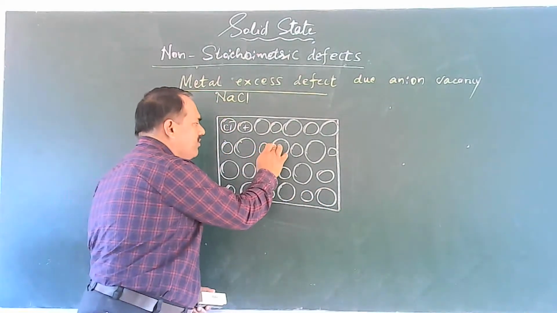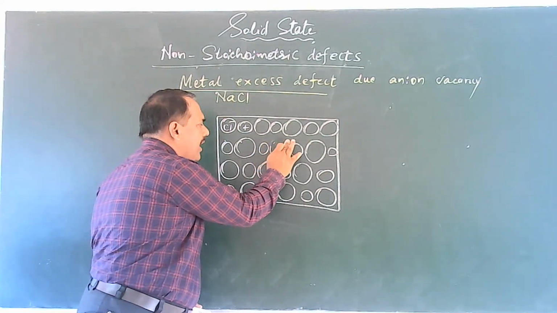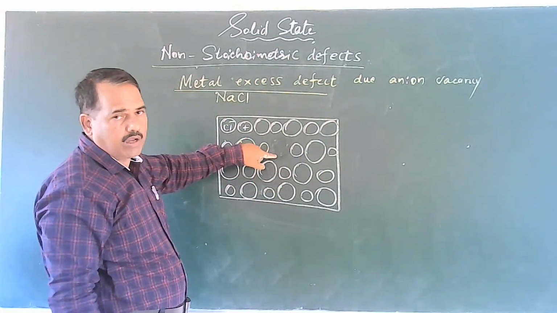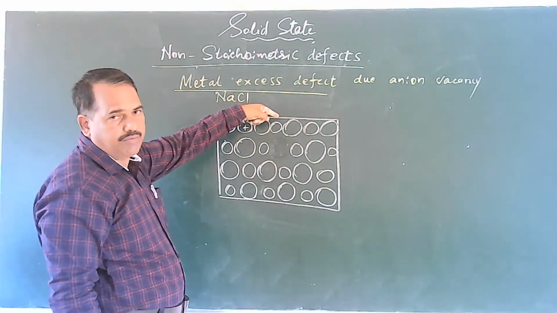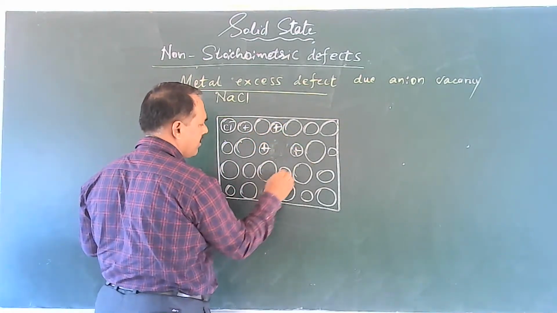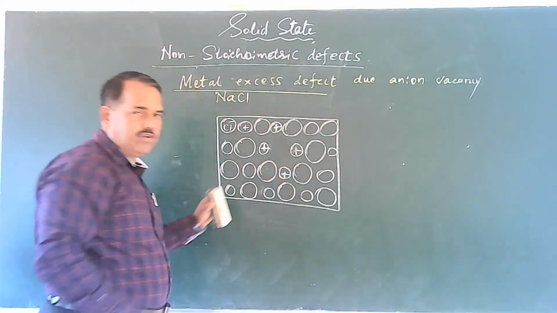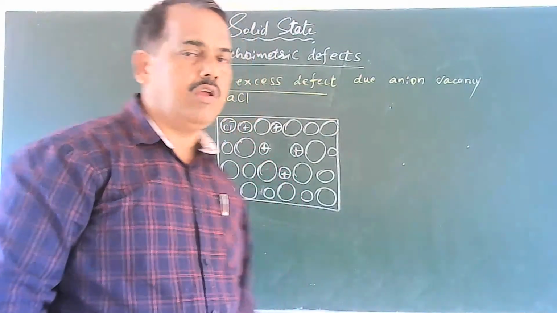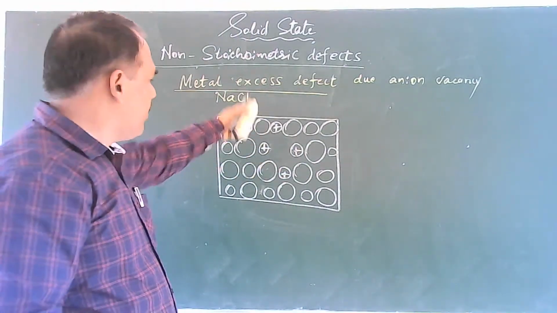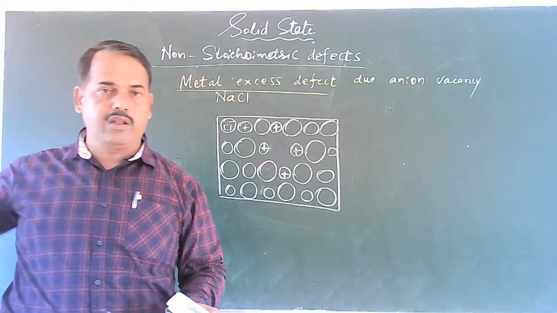See, if suppose this Cl minus is missing, an anionic vacancy during crystallization, the sodium passes to the surface. One anionic vacancy in the lattice creates a gap, which is filled by an unpaired electron.